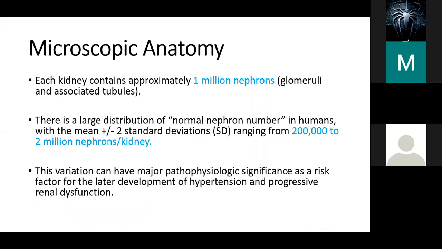So if you look microscopically at the kidney, each kidney contains about 1 million nephrons. And the nephron is the smallest functional unit of the kidney. And the number of nephrons ranges from 200,000 to 2 million.